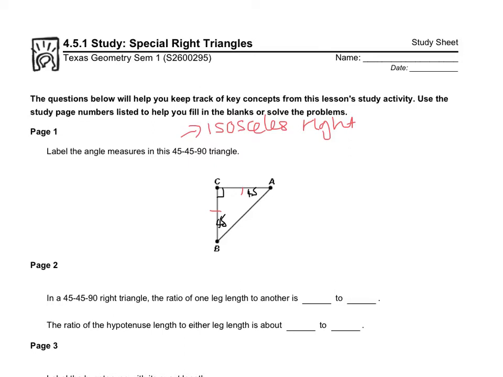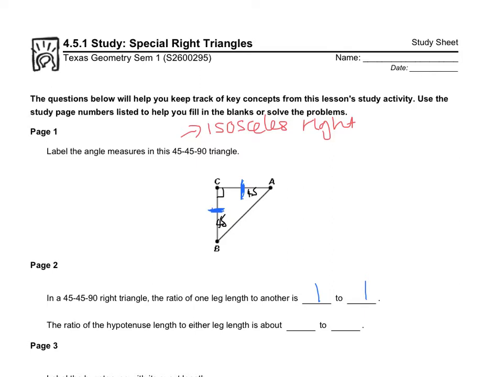So our standard sides in a right triangle, it says in a 45, 45, 90 triangle, the ratio of one leg to the other is 1 to 1. So whatever my legs are, one of them is one length, the other one is always the same. These two legs are always congruent.